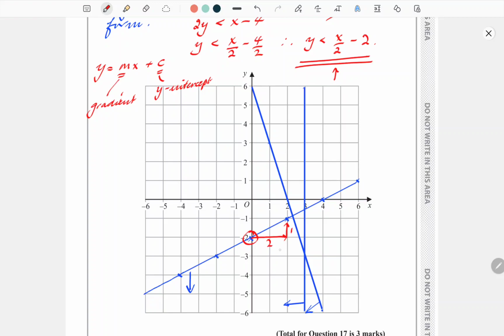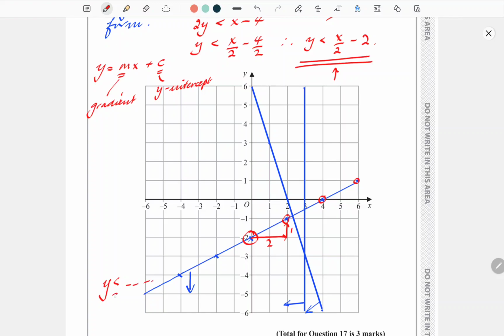That is a gradient of a half. So that's where I've plotted this next number, and then that one, and then drawn a straight line through it. That gives us that particular line. Next thing, watch out, it says y is less than a particular line.